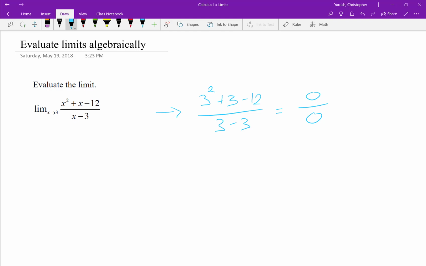It tells me that I can't use my limit laws here. In order to be able to use my limit laws, I would need the denominator to not go to 0. That also tells me that anytime I see a limit in this form, I have more work to do. So here, in order to evaluate this limit, I'm going to have to do a little bit more work.